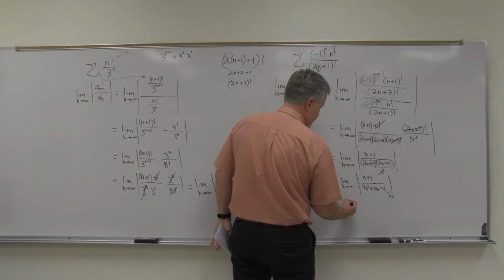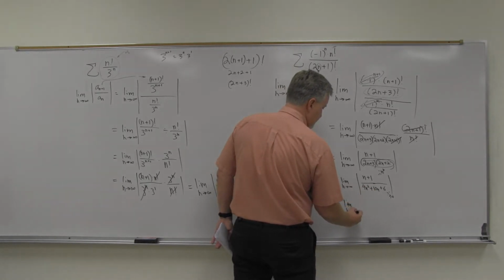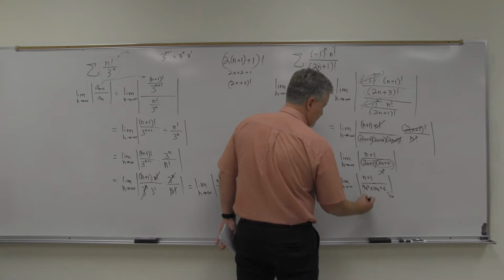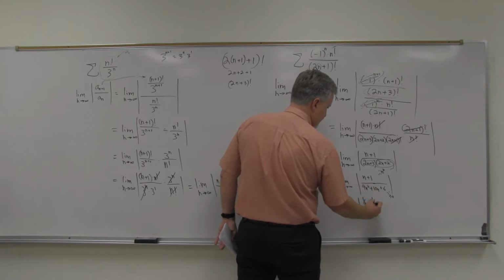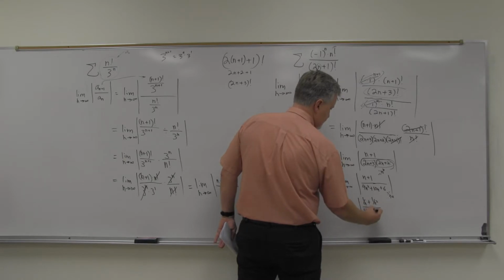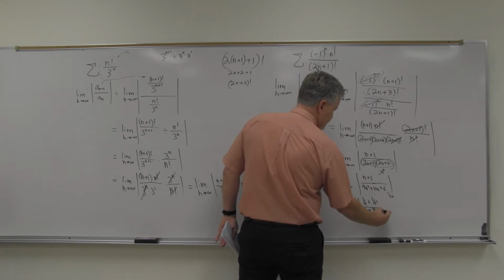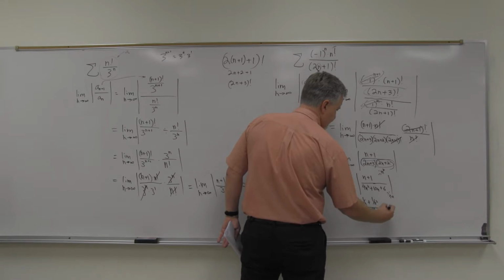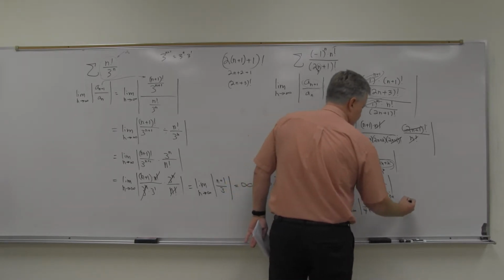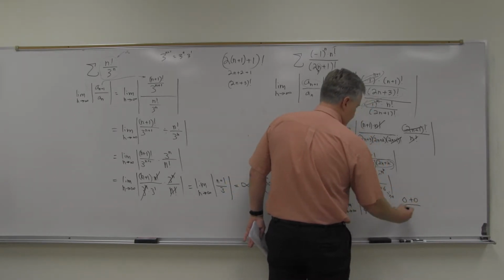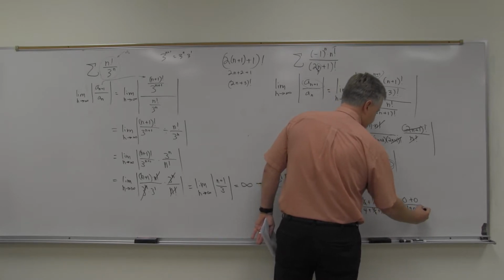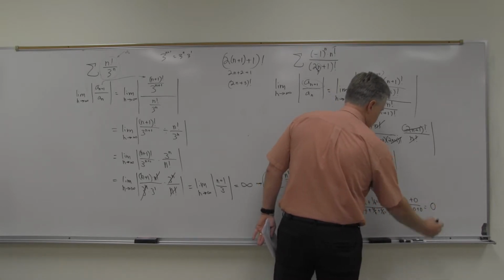The limit as n goes to infinity would be 1 over n plus 1 over n squared, over 4 plus 10 over n plus 6 over n squared. We divide all those by n squared. So the top goes to 0 plus 0, the bottom goes to 4 plus 0 plus 0, which is 0.